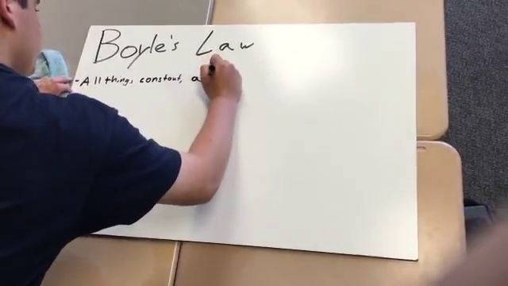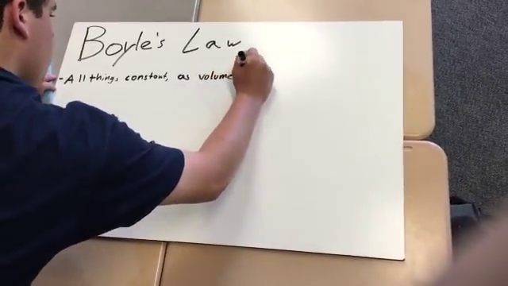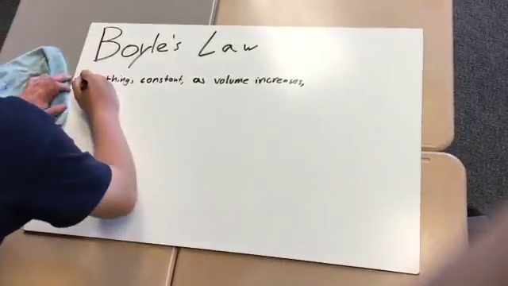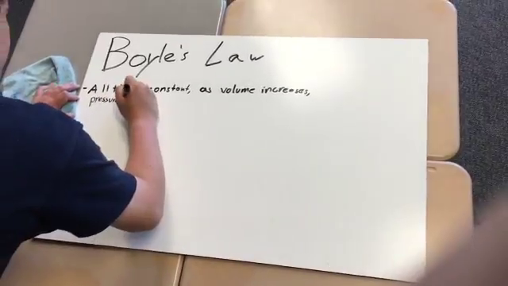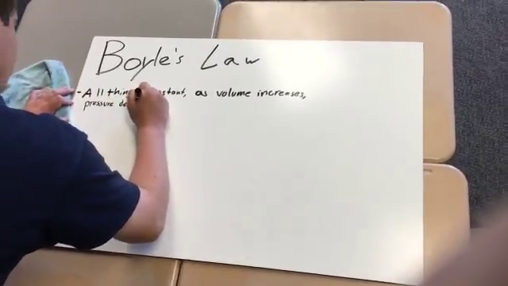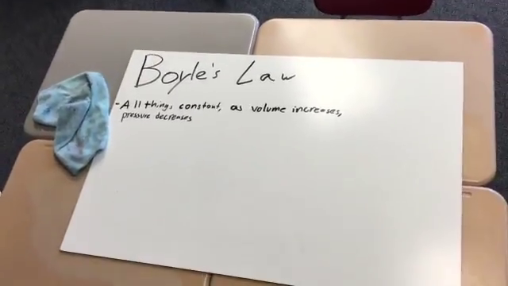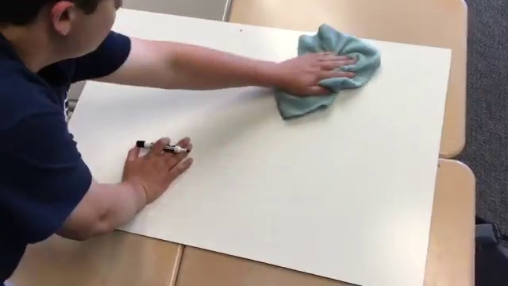Boyle's law pretty much means that as you increase volume, keeping all things constant, pressure should decrease, and vice versa. This makes sense because as you reduce the volume, more molecules are colliding with the container, so pressure will increase.